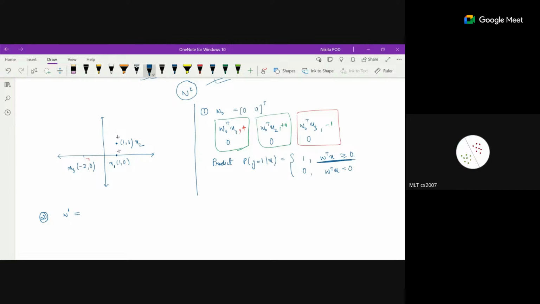Can you tell me what you are saying? It should be -1 when W transpose x is less than 0. Okay, that's fine.